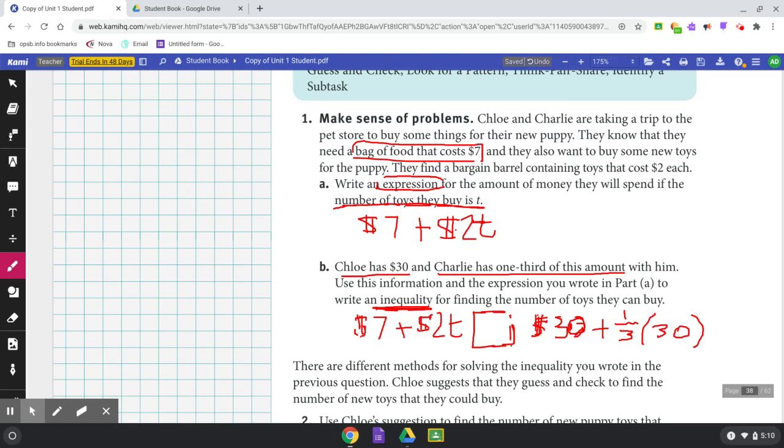Now, the question is, what inequality symbol do we use? We know that we have 4 different inequality signs. We have less than, we have greater than, we have less than or equal, and we have greater than or equal. Okay, so this left side expression represents their spending, okay, their cost. The right side over here is what they have available to spend. So you know that your spending cannot be more than what you have to spend.